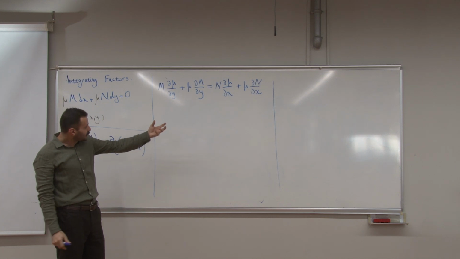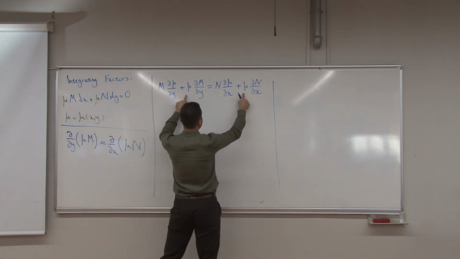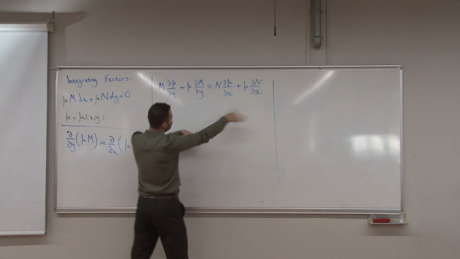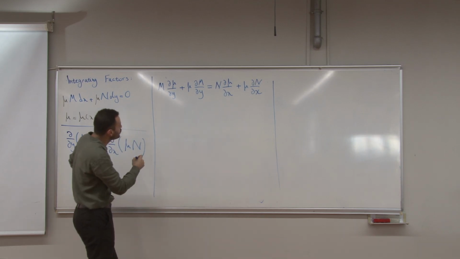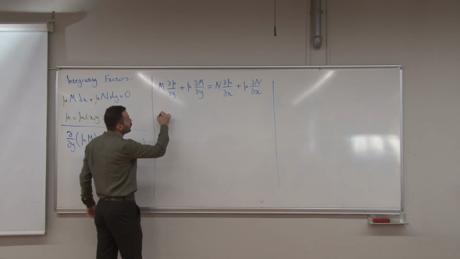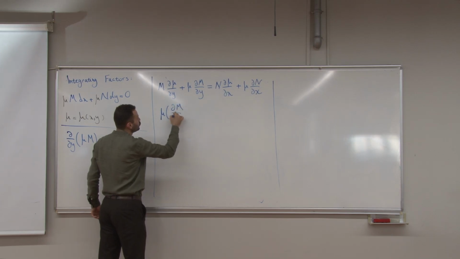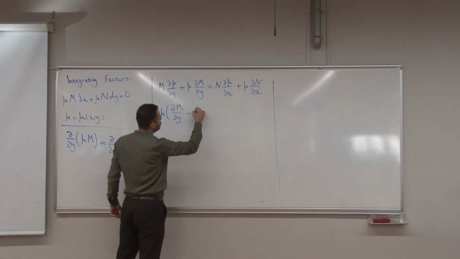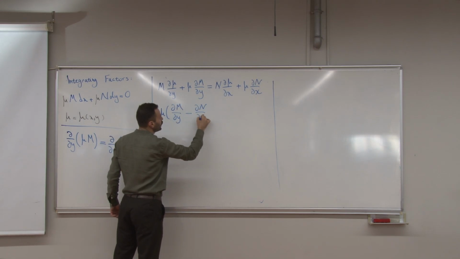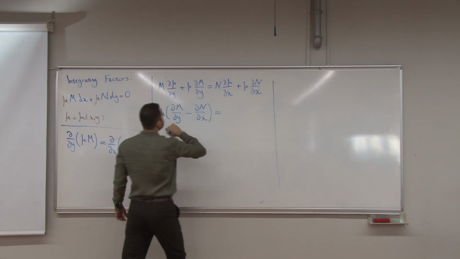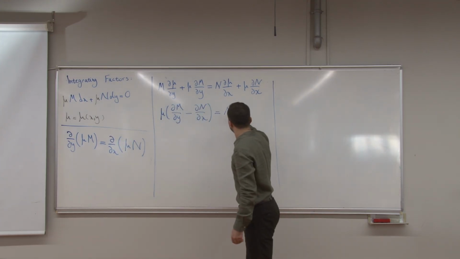Let's collect all the terms such that we have mu on one hand side and the rest on the other hand. So this is going to be mu times (∂M/∂y minus ∂N/∂x) equal to, what do I have here?